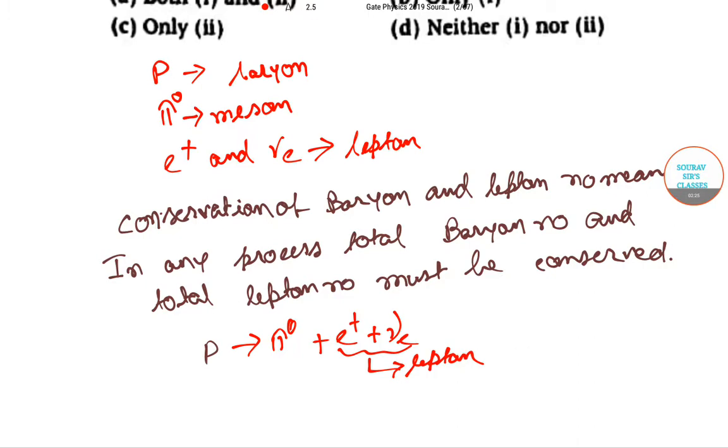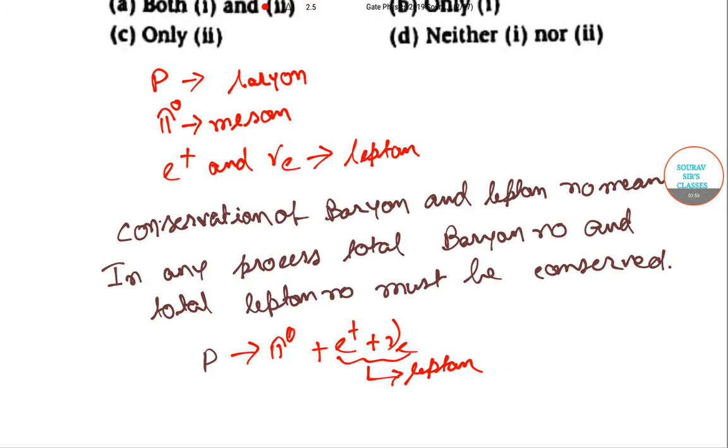So lepton number and Baryon number are not conserved for this first reaction. Conservation means the total lepton number in the left hand side and the total lepton number in the right hand side must be the same. And for Baryon number conservation, the total Baryon number in the left hand side and the total Baryon number in the right hand side must be the same.